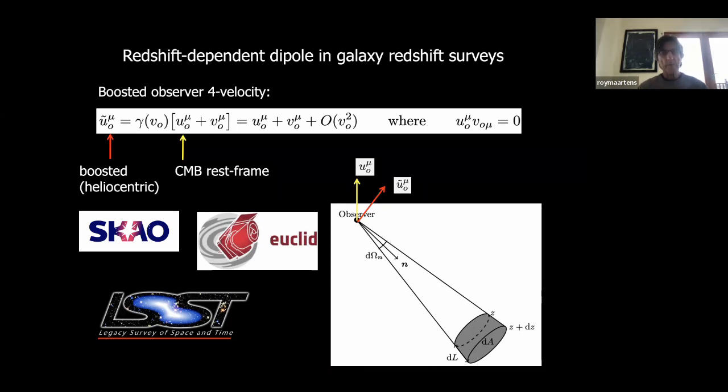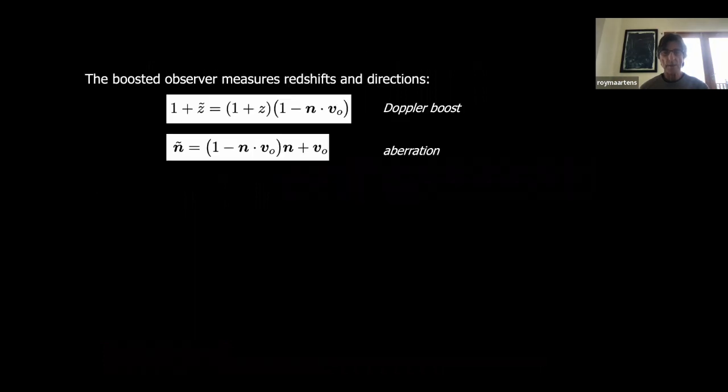Now, these galaxy redshift surveys are either spectroscopic or photometric. The moving observer counts the number of galaxies in a solid angle in a given direction in a given redshift bin. That's the observed number density, where little n is the unit vector of observation, d omega_n is the solid angle about that direction, and dz is the redshift interval in which the galaxies are being counted.